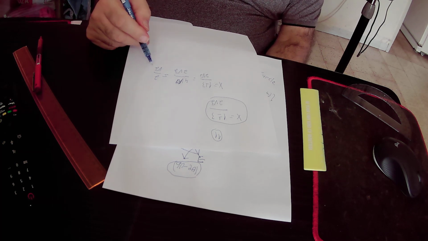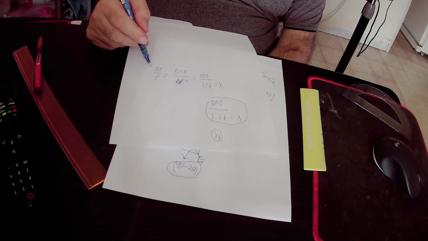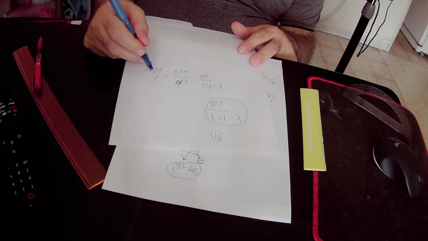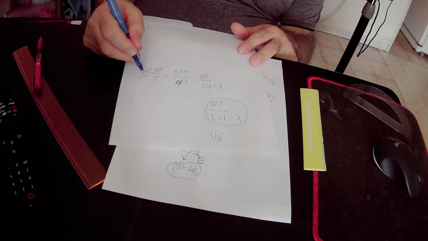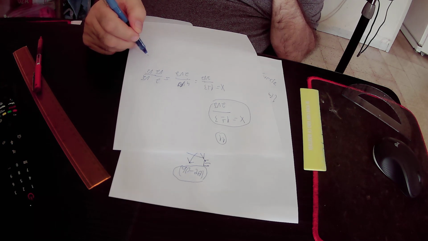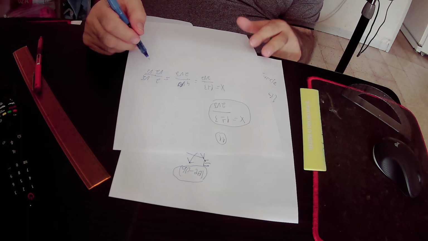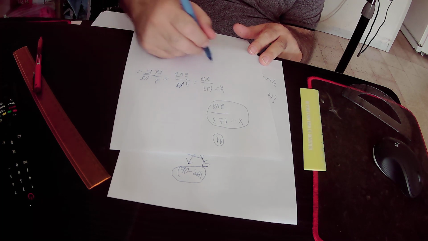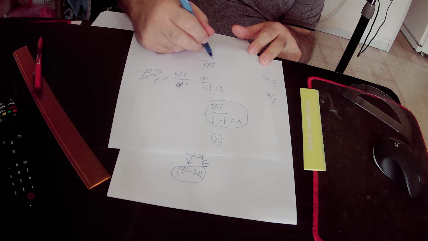Here we will multiply by root 2 and then divide by root 2. We get root 2 times root 2. So here it equals 2 times root 2 over 2.